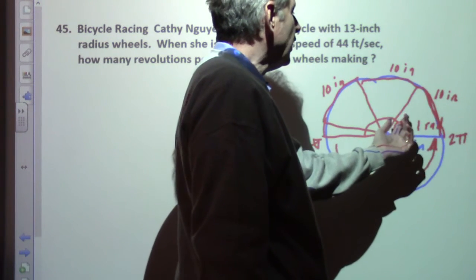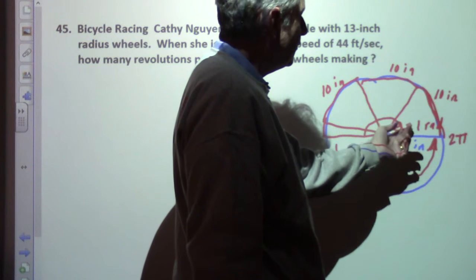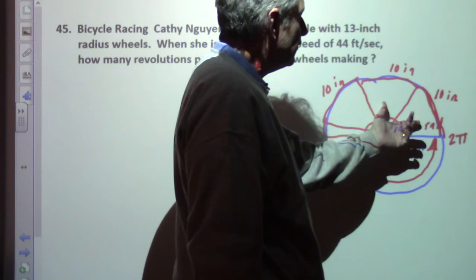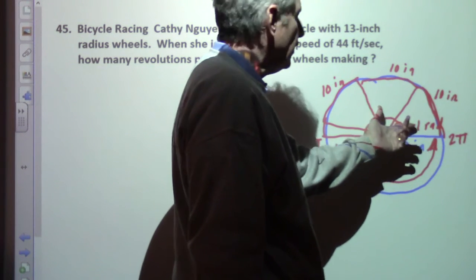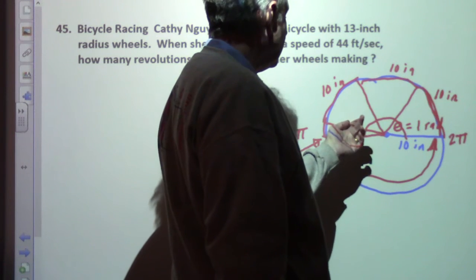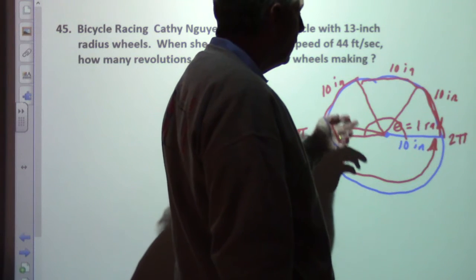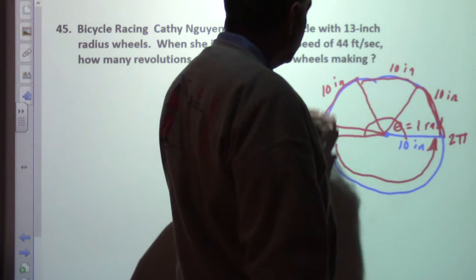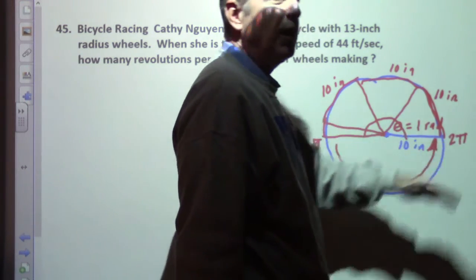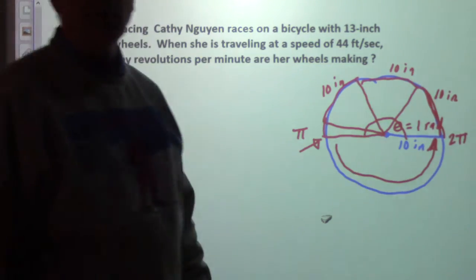So that's 1 radian, and 2 of these same slices compose 2 radians, and this one here would be 3 radians, and halfway around the circle would be pi radians. And then all the way around the circle is how many radians? 2 pi.